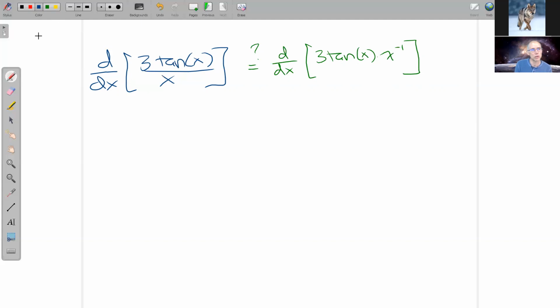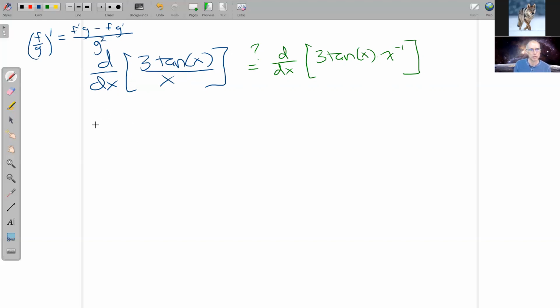Quotient rule says if you have f over g and you're taking the derivative, it's the numerator derivative times the denominator minus the numerator times the derivative of the denominator. And remember, it's always a negative derivative of the denominator, which is related to this x, x to the negative 1 in the bottom, all over denominator squared.